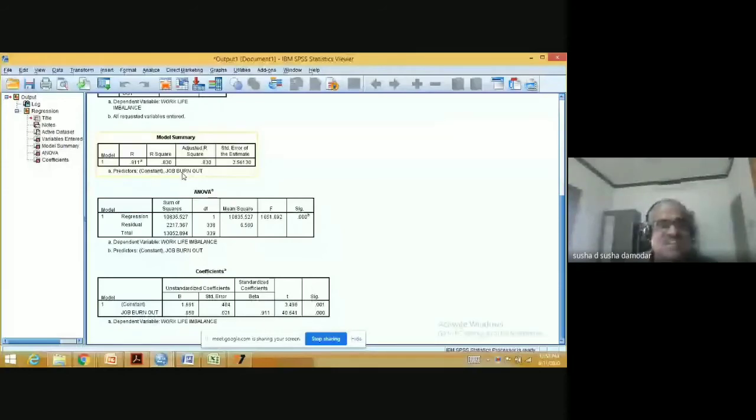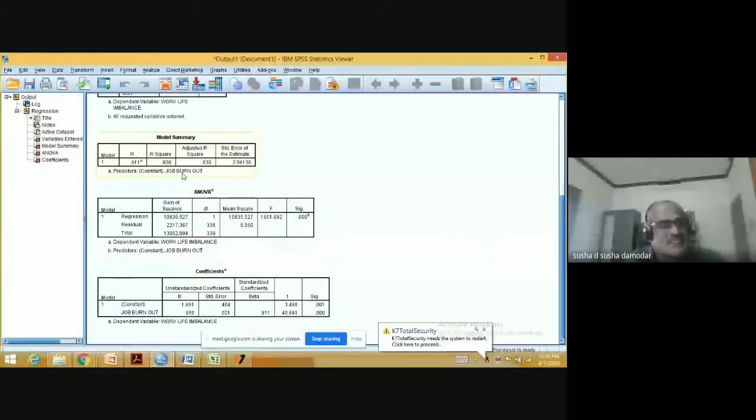And in this context, in order to prove or validate that hypothesis, there is no significant dependence or relationship or impact between job burnout and the work-life imbalance, we apply the regression, simple regression. And at the time of the application of simple regression, we observe the value of R square.